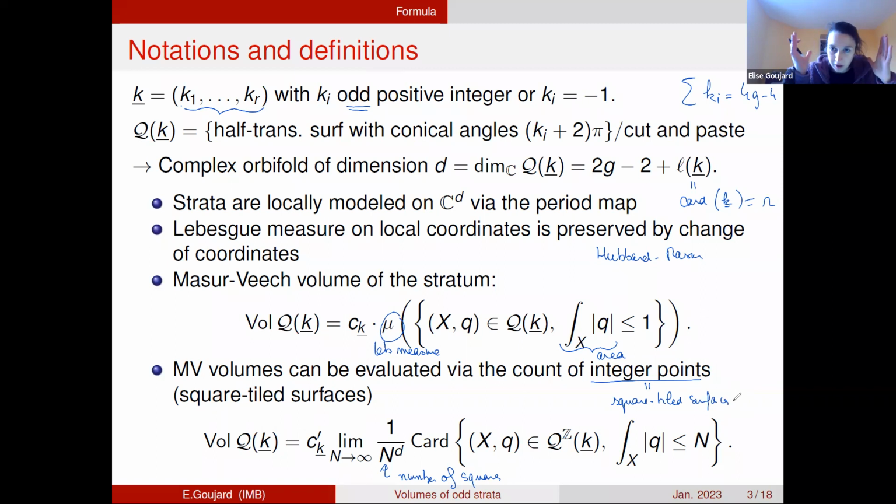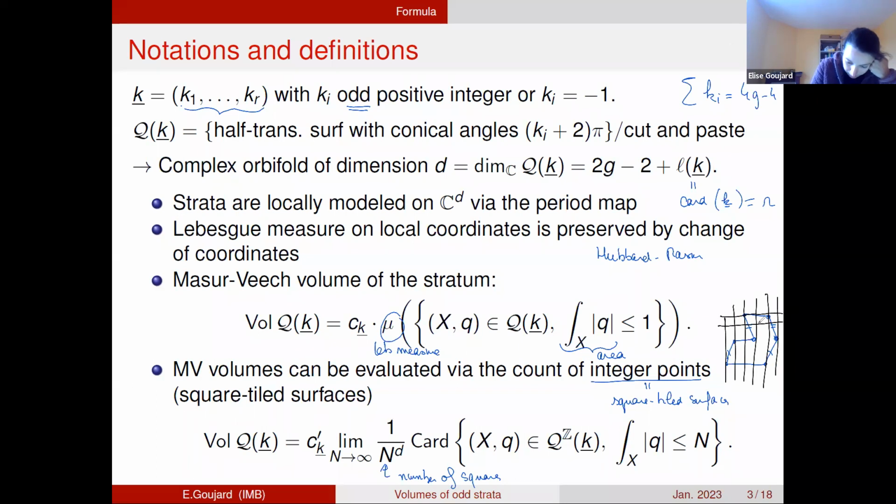So in the model of polygons, it means that you want the sides of the polygons, let me do a small example here, to belong to the integer lattice in the plane, right? So it means that maybe you want these points to belong to a rational lattice in the plane.